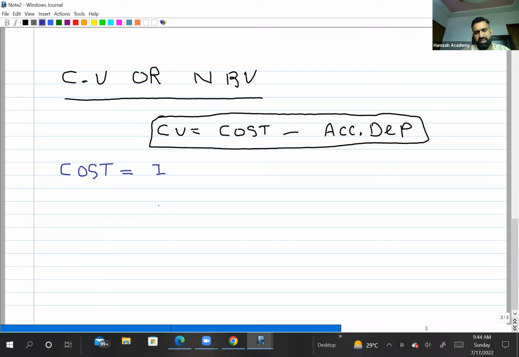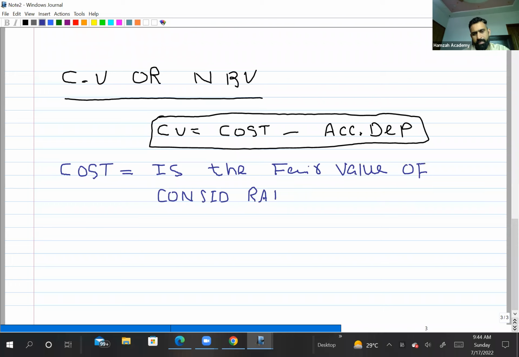Cost is the fair value of consideration to acquire property, plant and equipment.